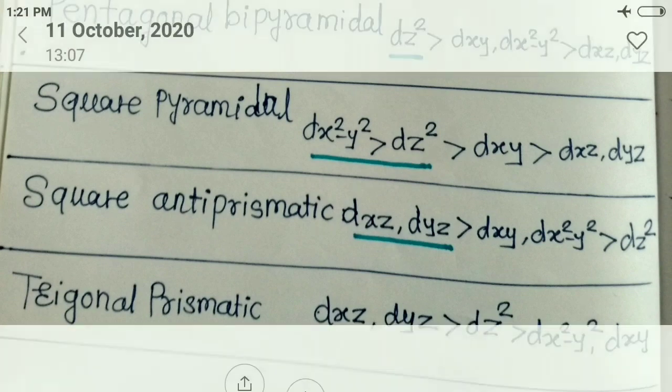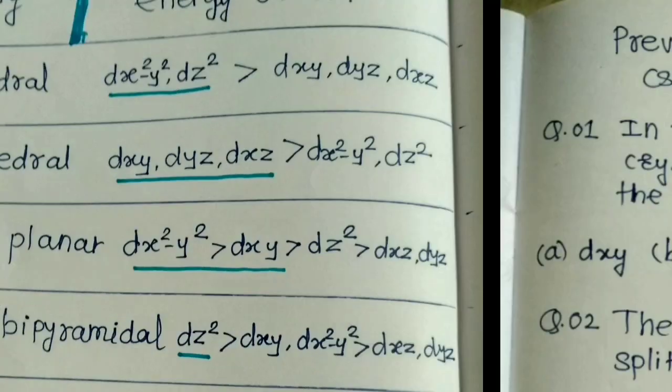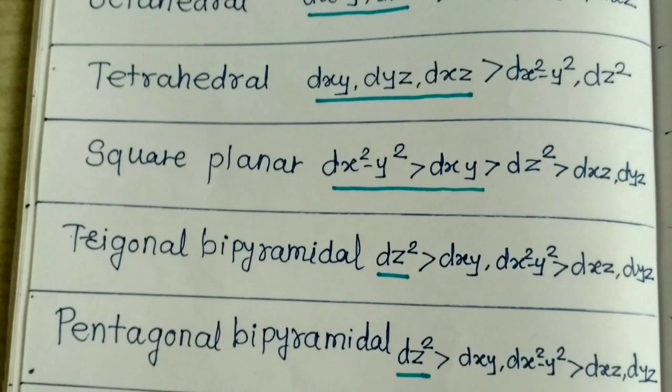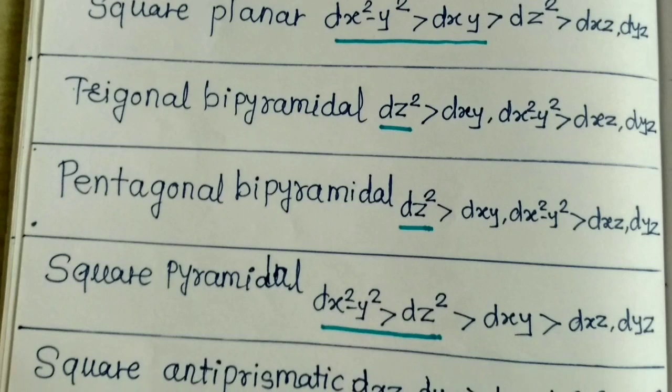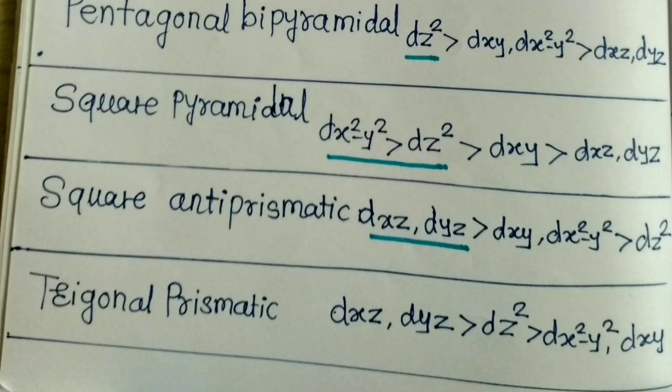This is the crystal field splitting of the d orbitals for different geometries. In this video we discussed 8 different geometries: octahedral, tetrahedral, square planar, TBP, pentagonal bipyramidal, square pyramidal, square antiprismatic and trigonal prismatic.